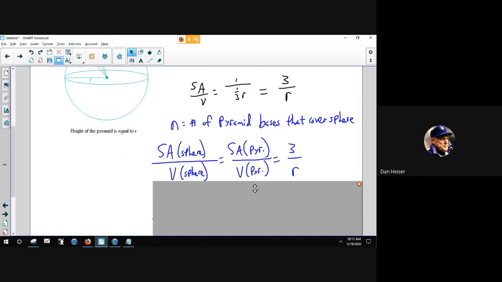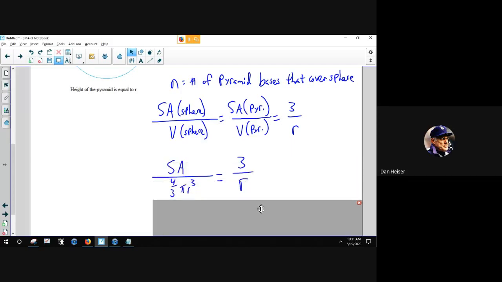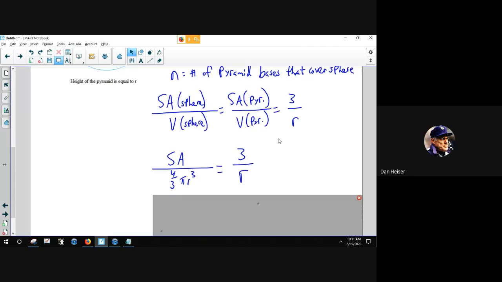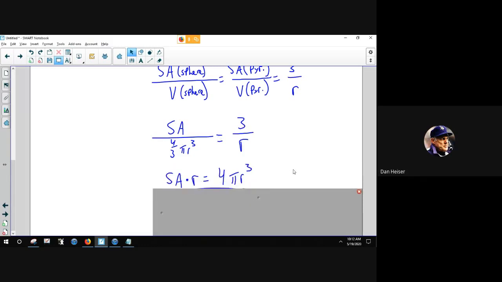Now we have something we can work with. We can set the surface area of a sphere over its volume equal to 3 over R. And this is why we needed the volume of a sphere first. Because now we can fill that in. We can cross multiply and get surface area times radius equals 4 pi r cubed.